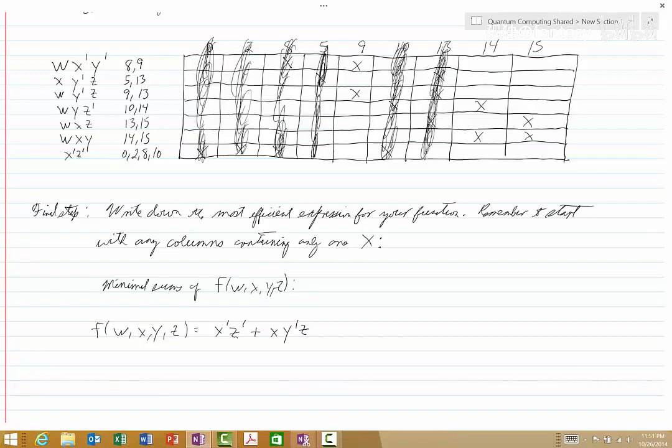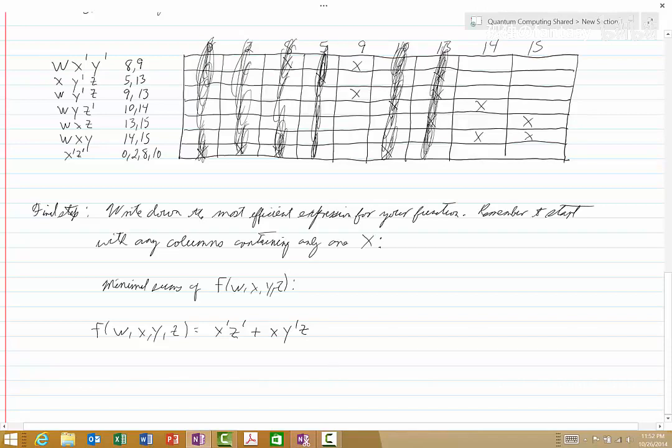Well, now there's no more columns that contain only one X, so we can't proceed by seeking such columns anymore. We've exhausted all the columns that have that property. But notice that when you look at your remaining alternatives, if you choose this 8-9 term, you only knock out one of the remaining terms that has to be accounted for.